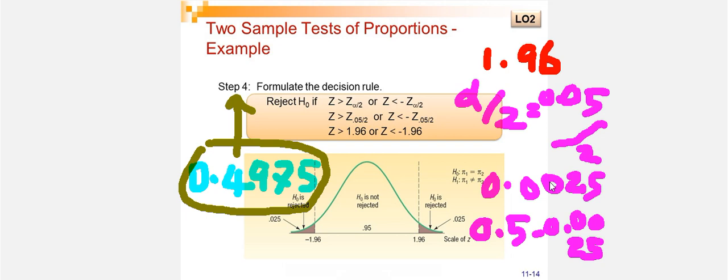Dekat atas sekali, apa number dia? Should be 0.06. Betul tak? 0.06, kan? Okay, belah kiri berapa? You tengok this number, 0.4975. Belah kiri itu berapa number dia?